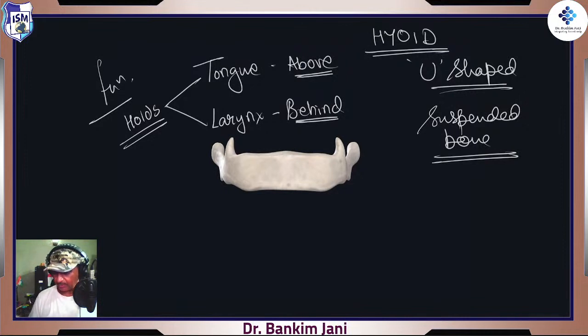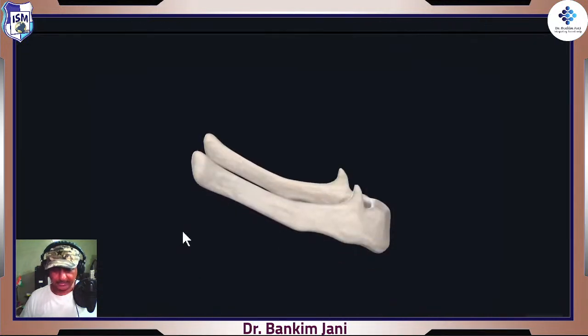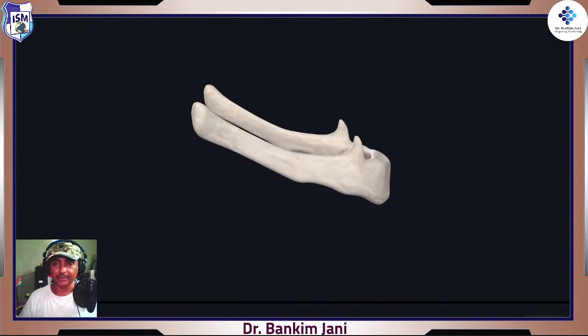Now just by looking at it, we know that this is the body. That's the body. That's the lateral aspect or the lateral view of this. And now we are so expert in giving names to any of these extensions, right? And it looks like a horn. So we'll call this the greater horn, right?